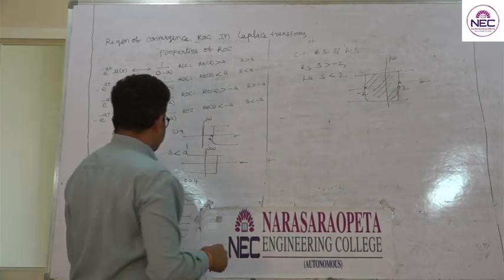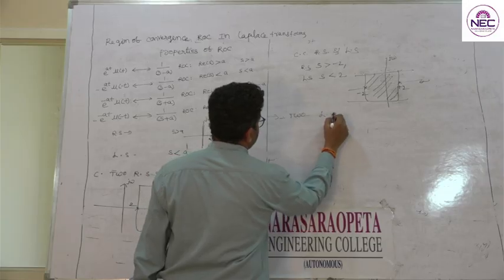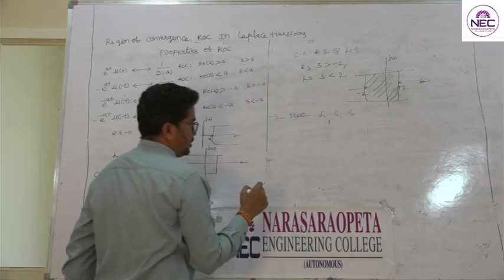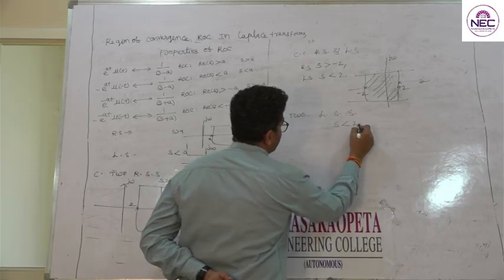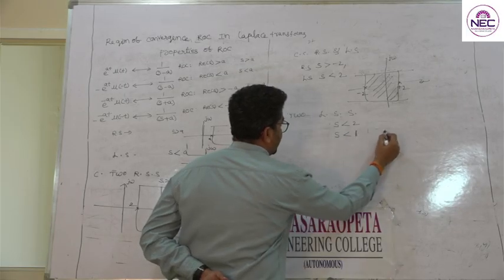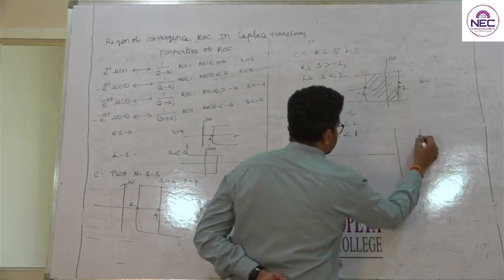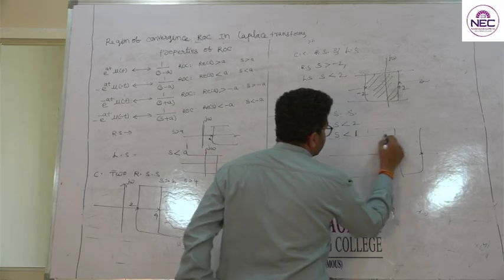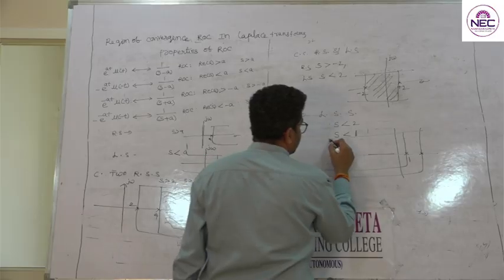Next one, the combination of two left side signals. Suppose ROC is s less than 2 and s less than 1. Here one is s less than 2, one ROC, and another is s less than 1, another ROC.